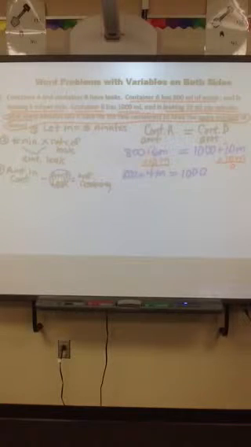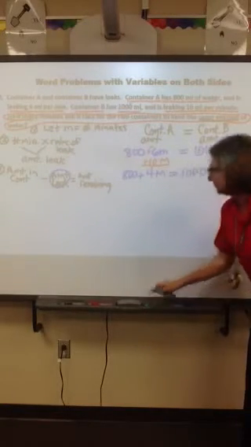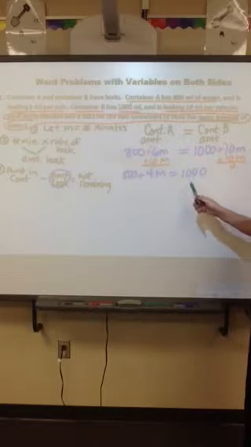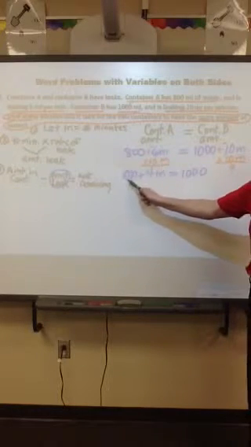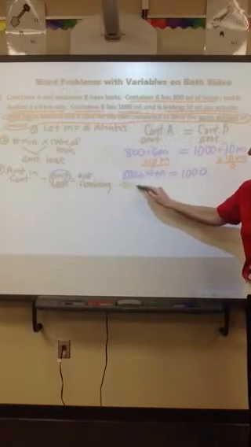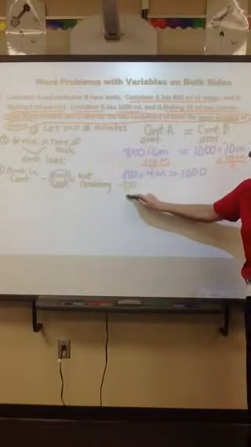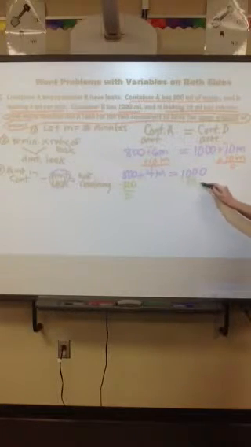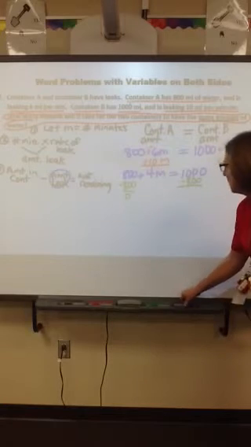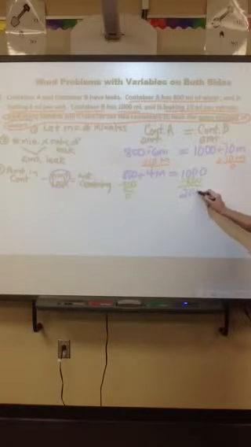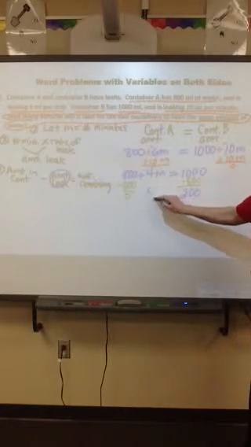Now we want to move the numbers, or the constants, to the other side. So I've got to get rid of this 800 so I can isolate the 4M by itself. When I subtract 800 from 1,000, I get 200, and that's equal to 4M.